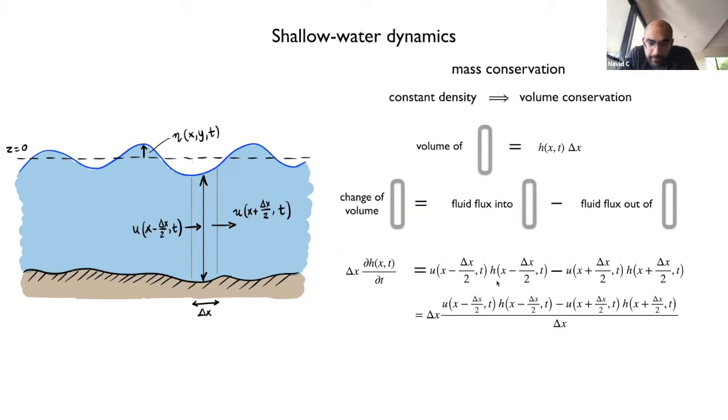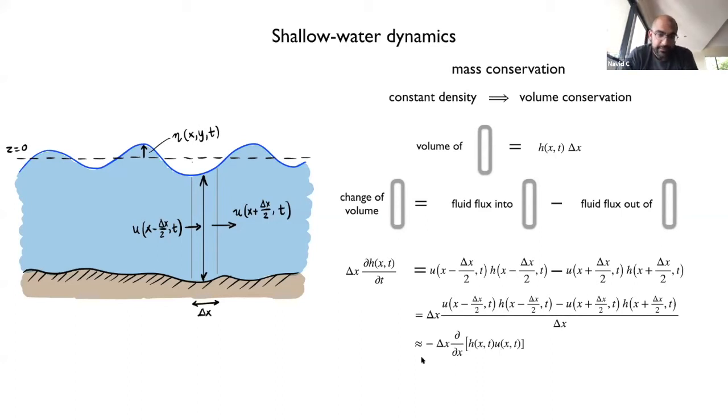Because when we do that, this reminds us of the definition of the derivative, because it's just something evaluated at x plus delta x over 2 minus something evaluated at x minus delta x over 2, divided by delta x. So this is nothing but minus the partial derivative of h times u.